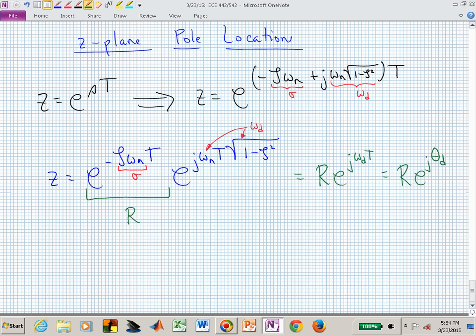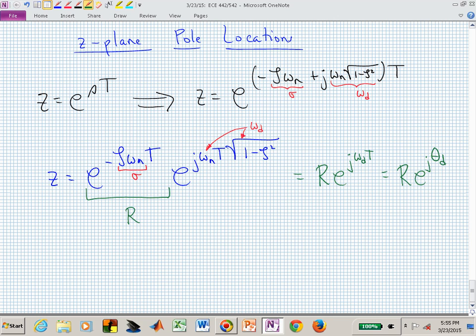Meaning, if somebody now has specified a peak time by omega sub d, a percent overshoot by zeta, and a settling time by, what was settling time? Sigma. We have sigma sort of hiding in there in r. Now we know where we're at in the z-plane. We have r specified, we have theta sub d specified.